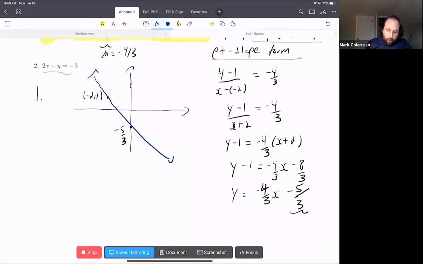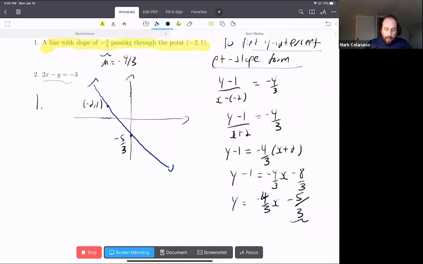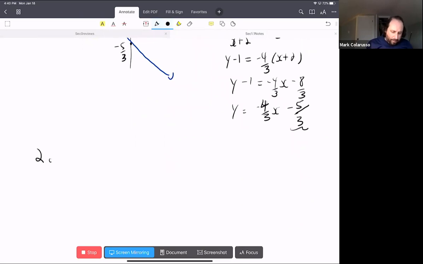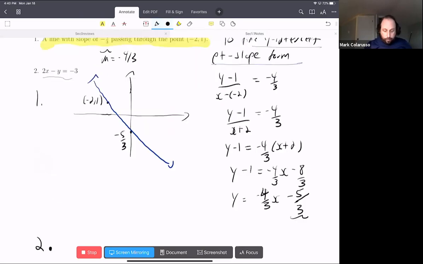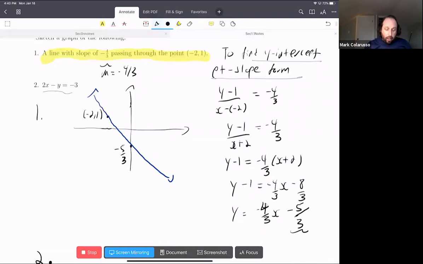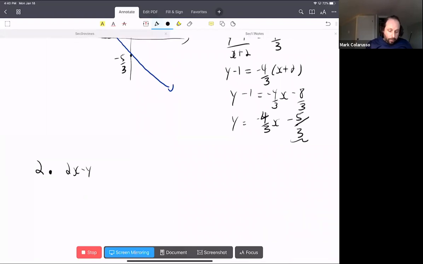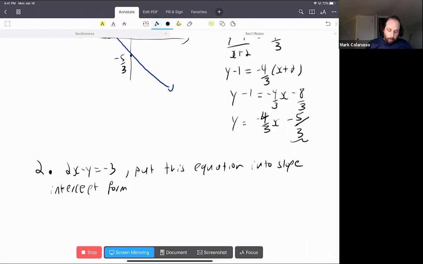Okay, now what about for number 2 here? We have 2x minus y equals minus 3. So we start with this equation, and what I would suggest we do is put this equation into slope-intercept form by solving for y.